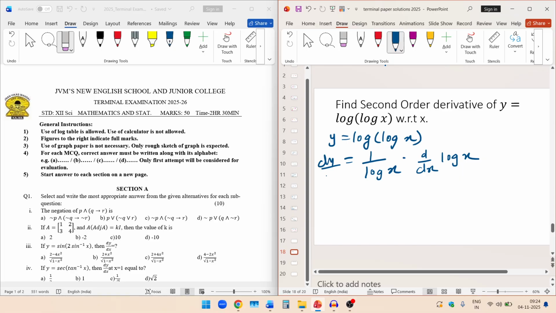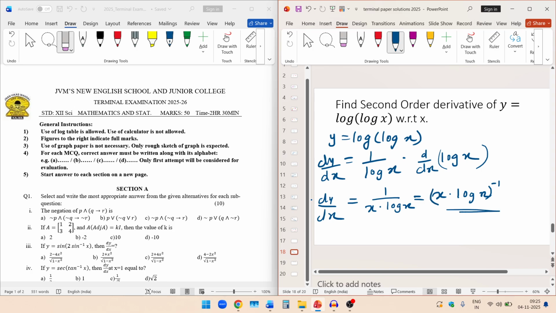What is d by dx of log x? It is 1 upon x. So this is 1 upon x into log x. So dy by dx, the first derivative, is very clear. It is 1 upon x log x. I can write this as x log x, the entire thing raised to minus 1.